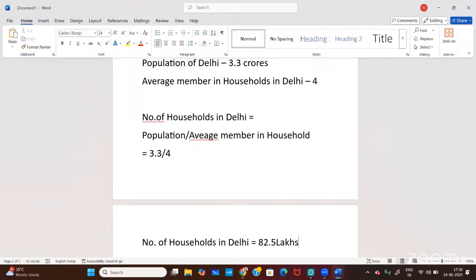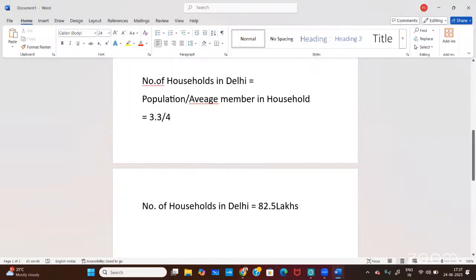Now, once we've calculated how many households are in Delhi, we'll categorize these households on a certain basis.